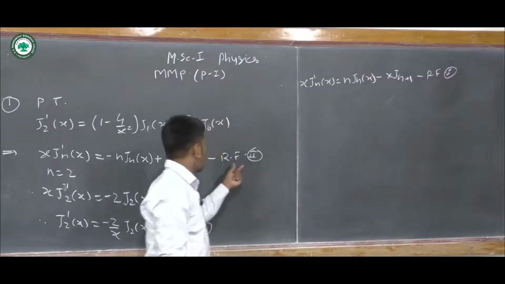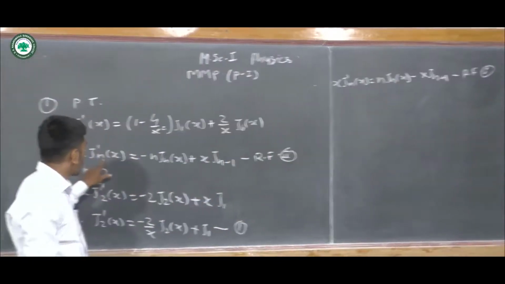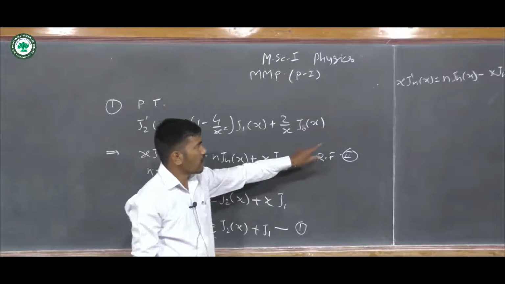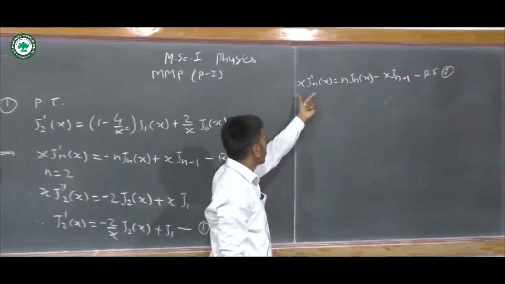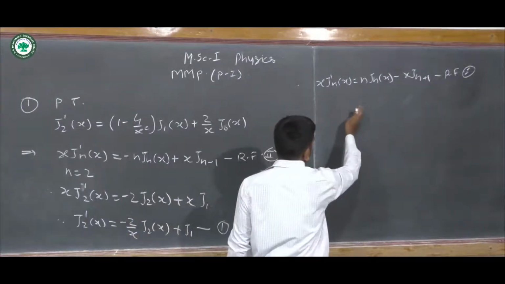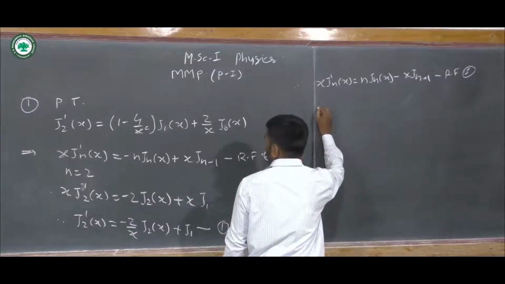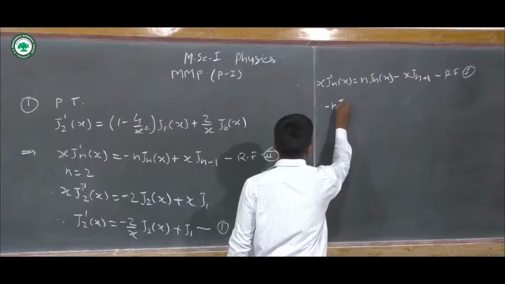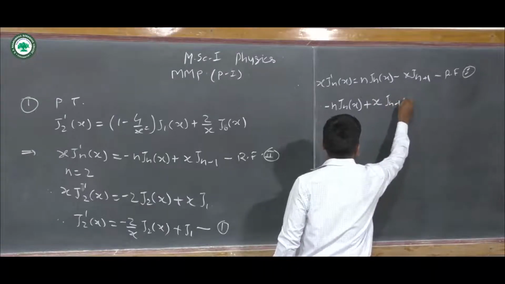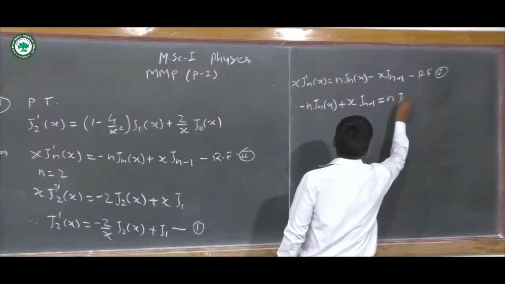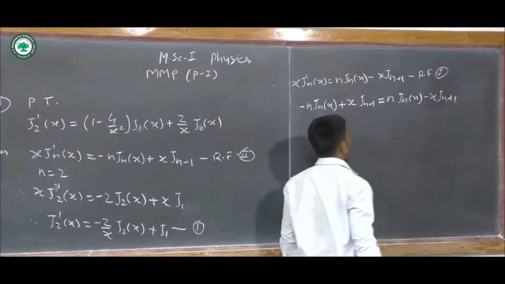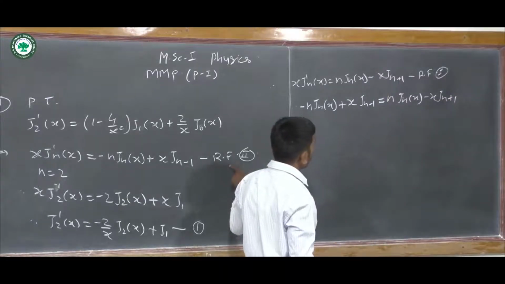So from the first and the second recurrence formula, if you observe, x J prime n x is equal to minus n Jn x plus x into Jn minus 1, and this is the first. The left hand side of these two formulas is equal, so we can equate these two recurrence formulas, that is minus n Jn x plus x Jn minus 1 is equal to n Jn x minus x Jn plus 1. Okay, from the recurrence formulas first and second.